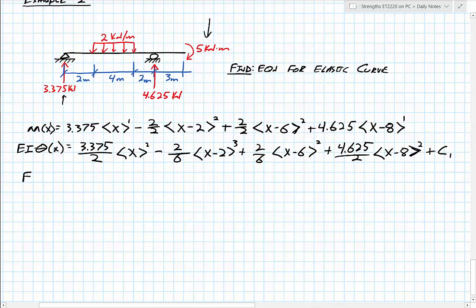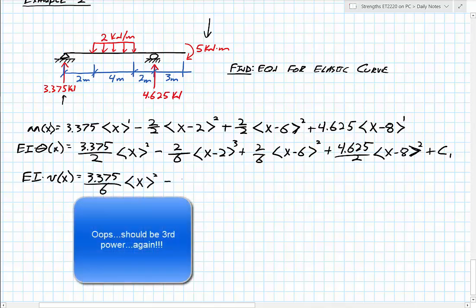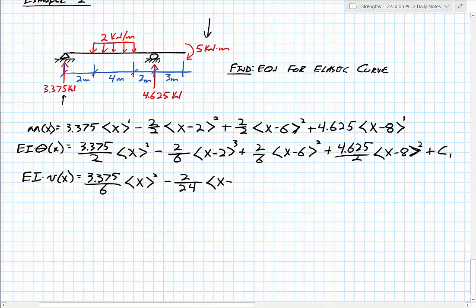Integrate again for my EI v of x. And now we have 3.375 over 6 x cubed minus 2 over 24 x minus 2 to the fourth plus 2 over 24 x minus 6 to the fourth.